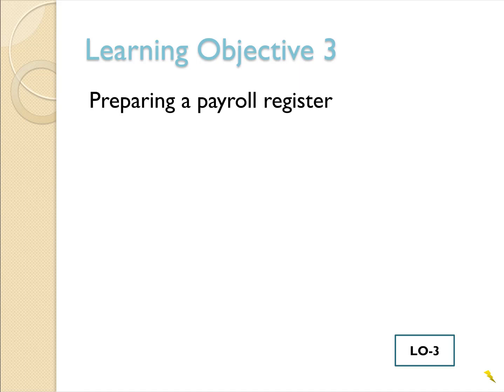Now we're going to learn how to prepare a payroll register. On page 265 of your handout, you can see the payroll register, and I'm also going to show it on the next two slides.